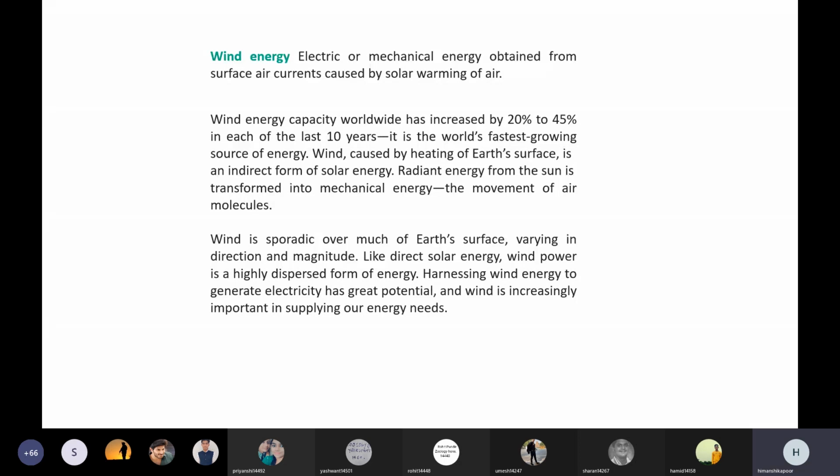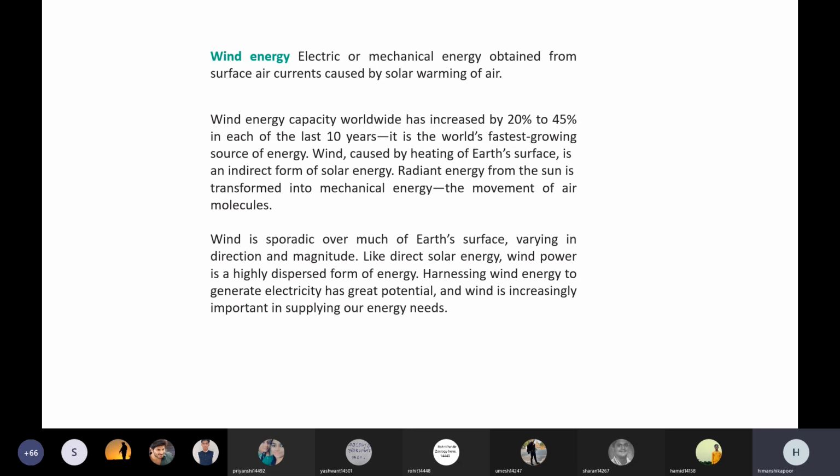And one more thing to keep in mind is that wind is again sporadic over Earth. It varies a lot from place to place, and in direction and magnitude. So there is a variation in the distribution of wind resource. In a way it is similar to the sun's energy.